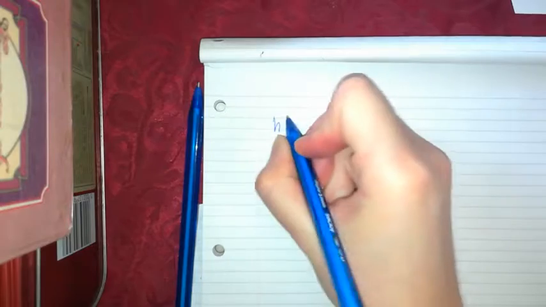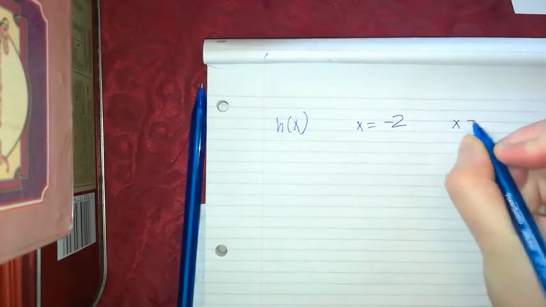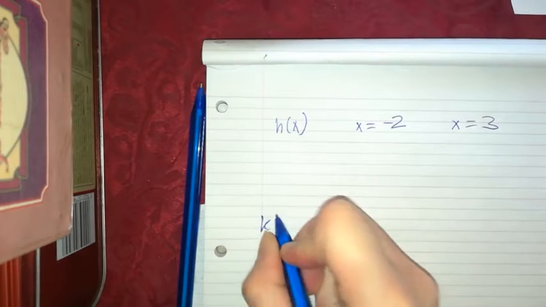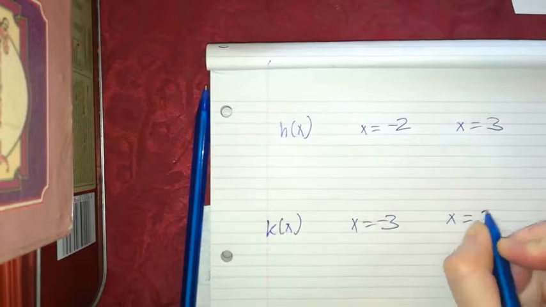So I have two equations. One is h of x, where the roots are x equals -3 and x equals 2, and then k of x, where the roots are x equals -2 and x equals 3.